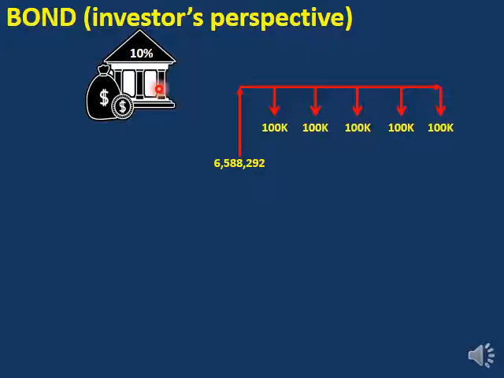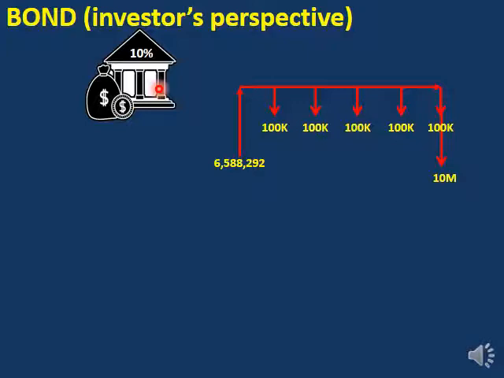Now, at the end of the fifth year, the investor imagined that he is going to withdraw the remaining amount from the bank, and the remaining amount, including the interest, is equal to 10 million pesos. So this is the perspective of the investor.